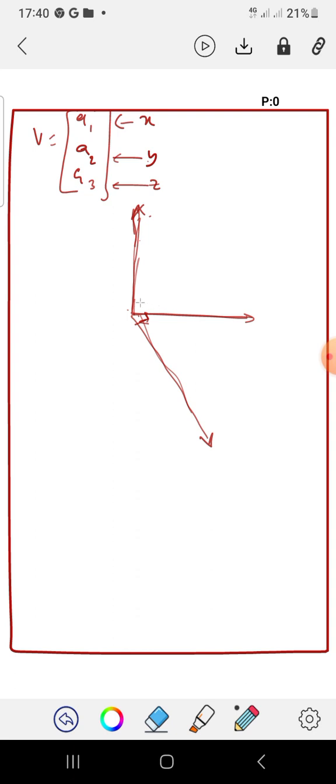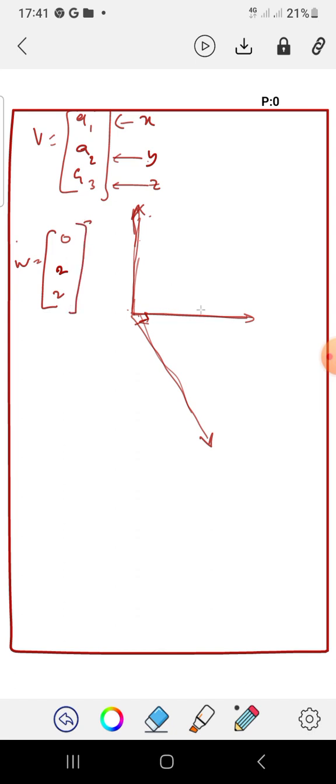All right, so let's look at this vector, let's say omega equals vector 0, 2, 2.